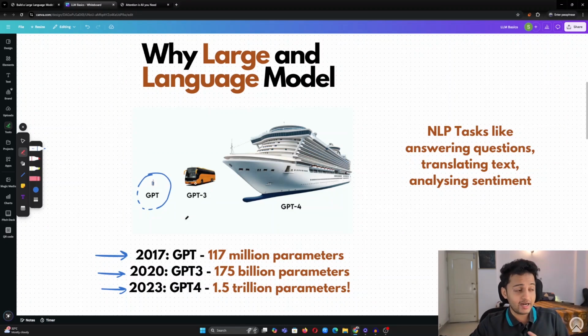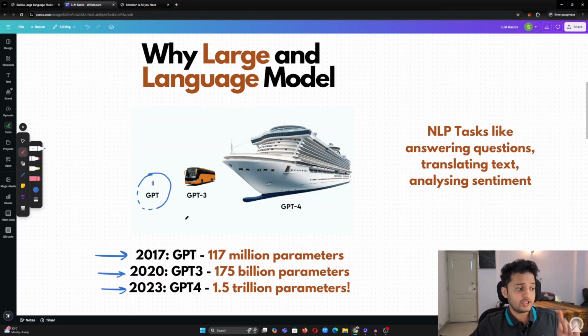Now GPT-3 compared to that is like a bus. Whenever you go to the airport, let's say, and you use a bus, just imagine how many of these small suitcases can you fit in one bus, right? So from 2017 to 2020, this was the huge leap: 117 million to 175 billion parameters.